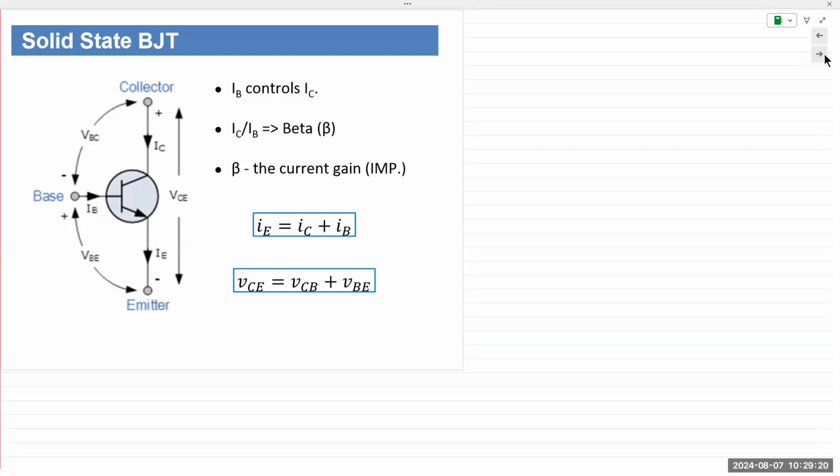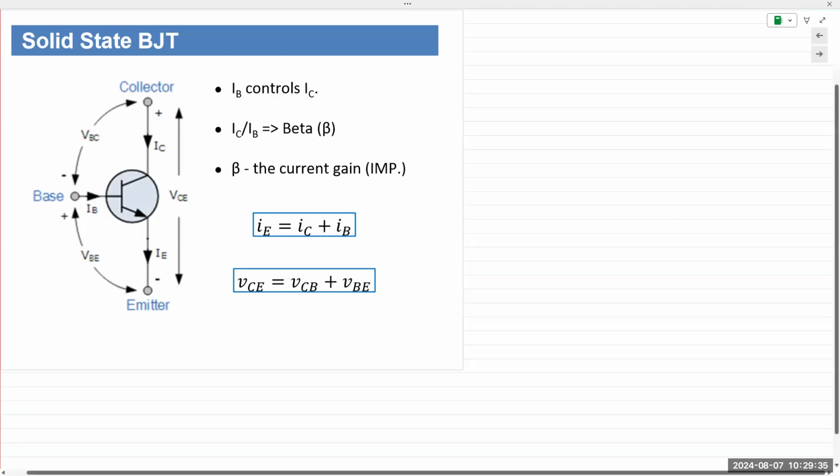So when charge carriers go from the emitter to the collector, you can use the base charge carriers to control the flow of the charge carriers that go from the emitter to the collector. So if charge carriers, meaning electrons or holes, are going in this direction upwards, then current is coming down.